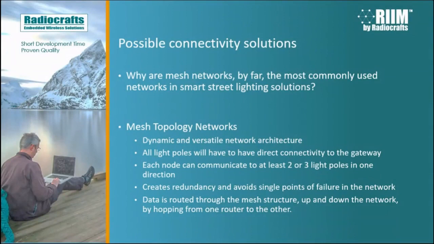Mesh is generally also easy to implement in street lighting scenarios, as usually there is line of sight or at least limited range between each lamp pole and the other. A next feature of the mesh is that each node can communicate to at least 2 or 3 light poles in each direction. This is very important in order to create redundancy in the network and avoid single points of failure.